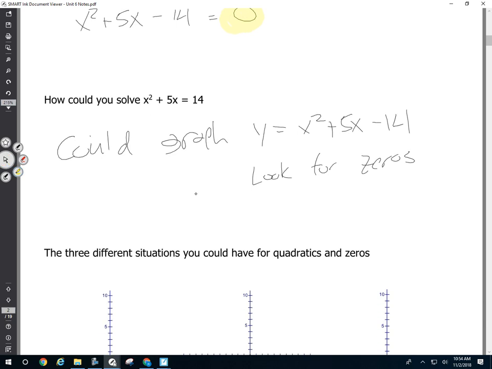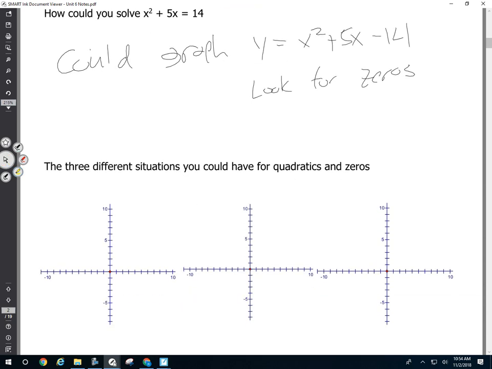Before we talk about that, understand that with these quadratics, these graphs that look like U's, we may have two x-intercepts or two zeros or two solutions. U's sometimes only touch the x-axis and pop up. So sometimes quadratics will only have one solution.